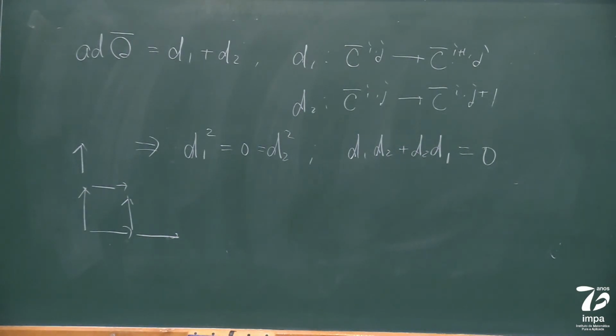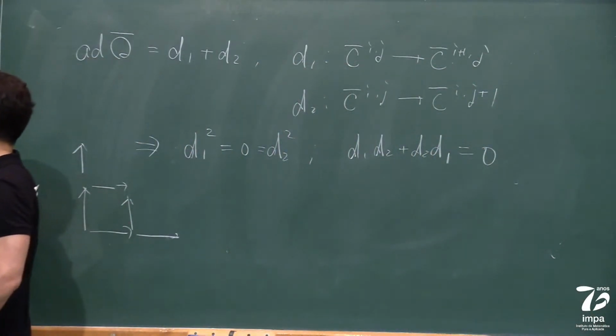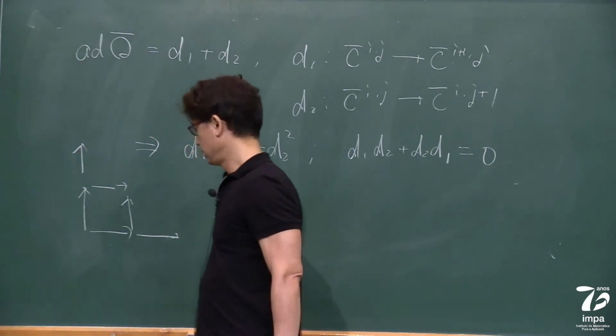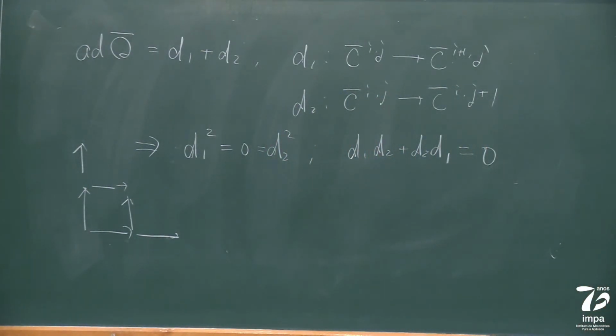So we conclude that this complex is a total complex of a double complex. So if you have a double complex, you find a spectral sequence.